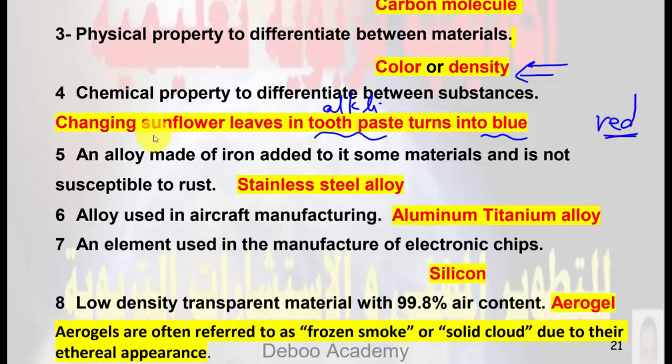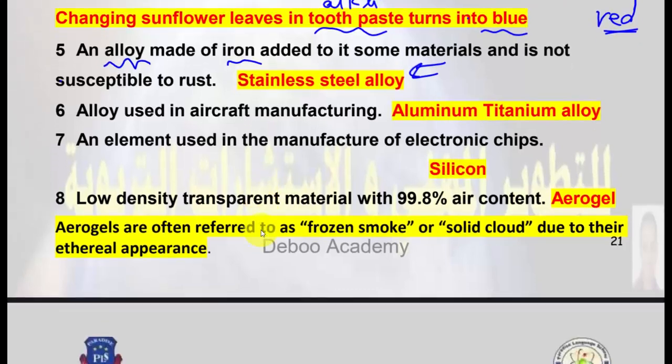An alloy, as soon as I say alloy, metal plus metal: iron added to some material and it is not susceptible to rust, it is stainless steel alloy. Alloy used in aircraft manufacturing, we said aluminum titanium alloy because it keeps its strength under high temperature.